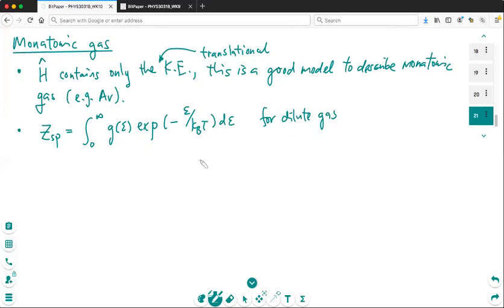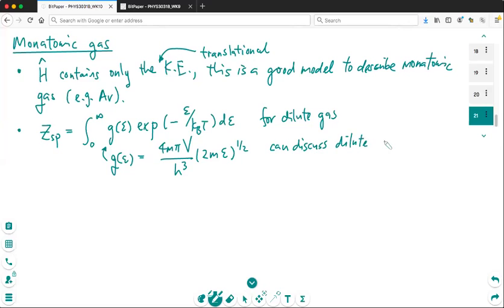So if I write this g(E) as 4mπ times volume divided by h cubed, times square root of 2mE, this is from before. If I plug this in, then I can discuss dilute monatomic gas.